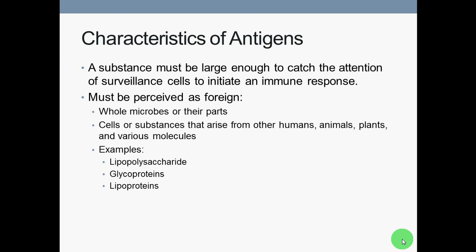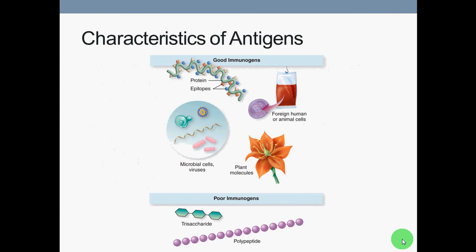It could be the lipopolysaccharide of a gram-negative bacterium. It could be the peptidoglycan of any bacteria with a cell wall. It can be the protein coat of a virus. So these are some examples of good immunogens: whole microbial cells or viruses.